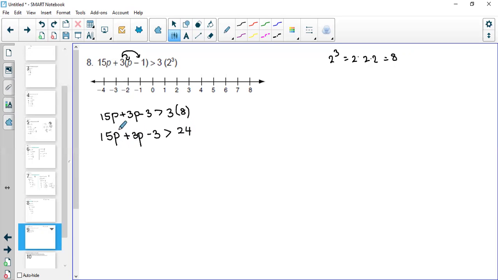Now, you can see that both of them are p's, so we can simply simplify them. 15p plus 3p is going to give you 18p minus 3 is greater than 24. 18p is going to be greater than 24 plus 3. So 18p is going to be greater than 27.